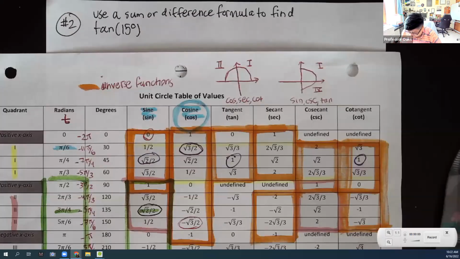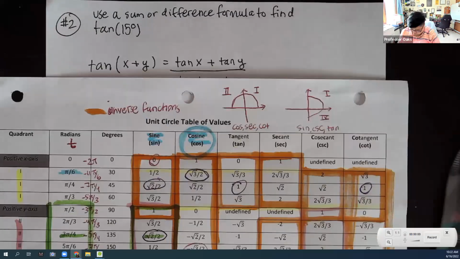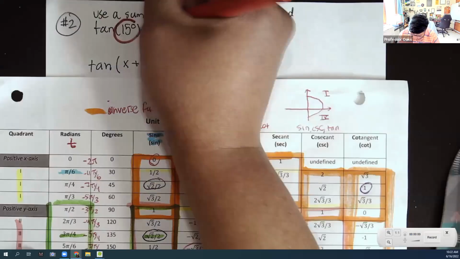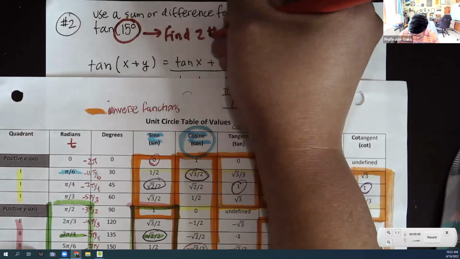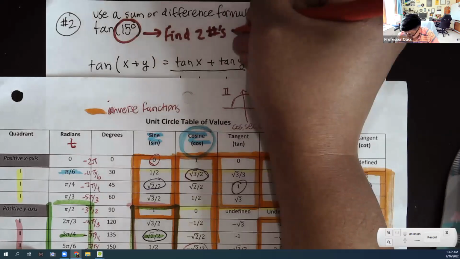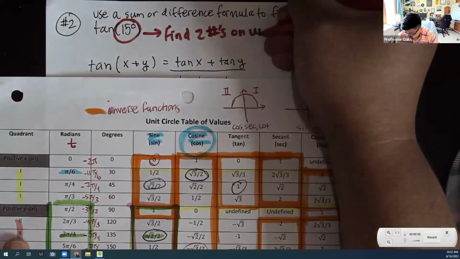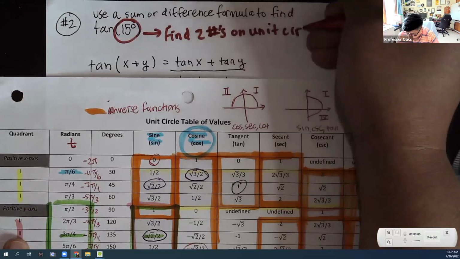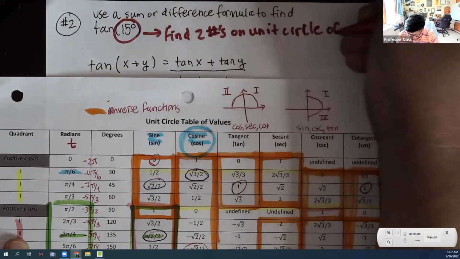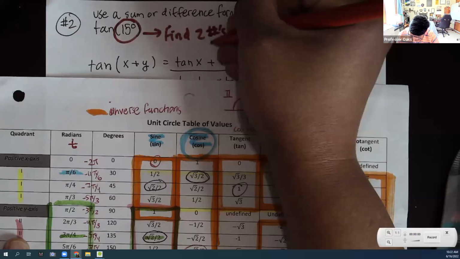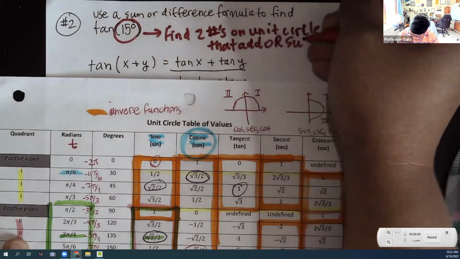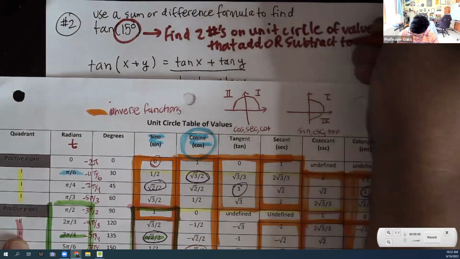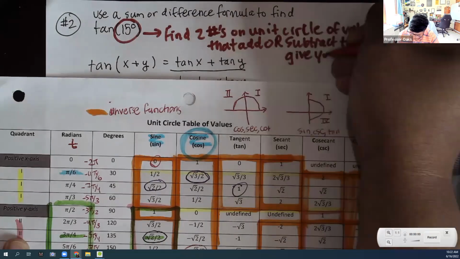So you want to find two numbers right on the unit circle of values that add or subtract to give you 15.